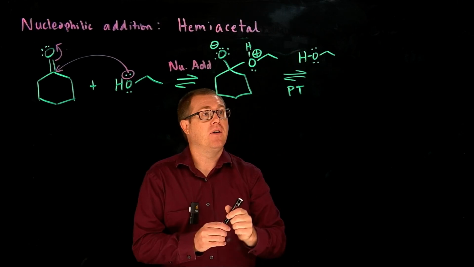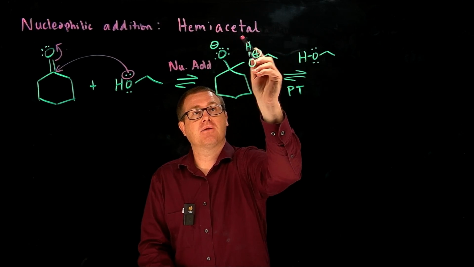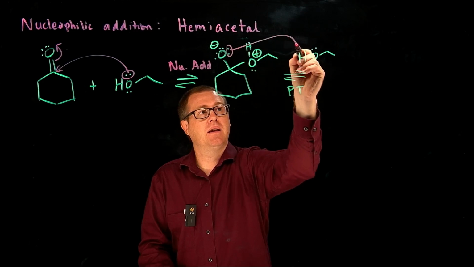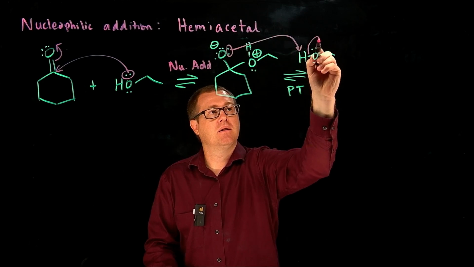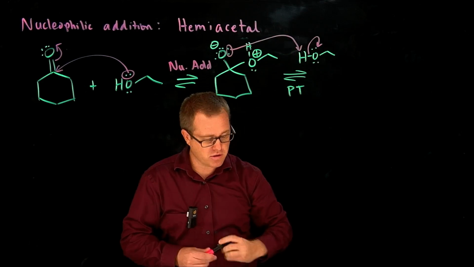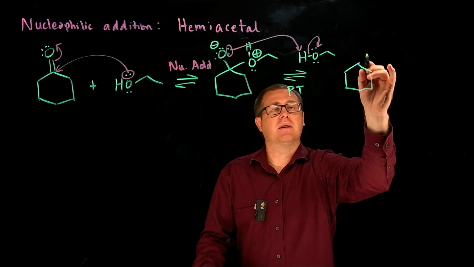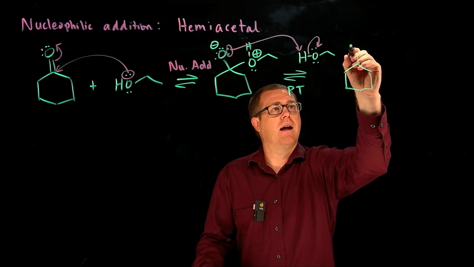So what we're going to invoke is that this negative charge right here, electron-rich, is going to come in and grab that proton right there to do our proton transfer. And so that will generate our alcohol.